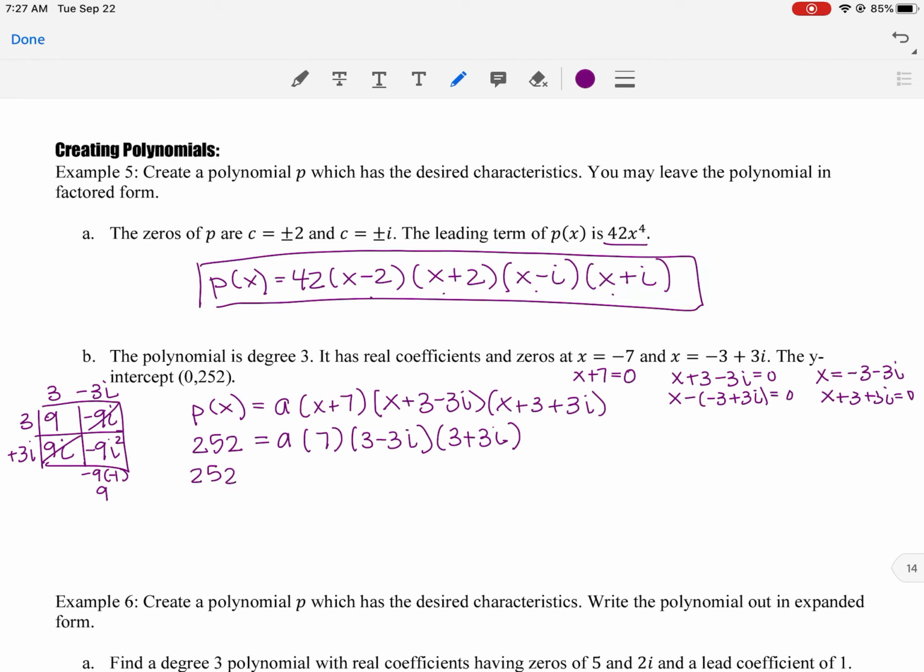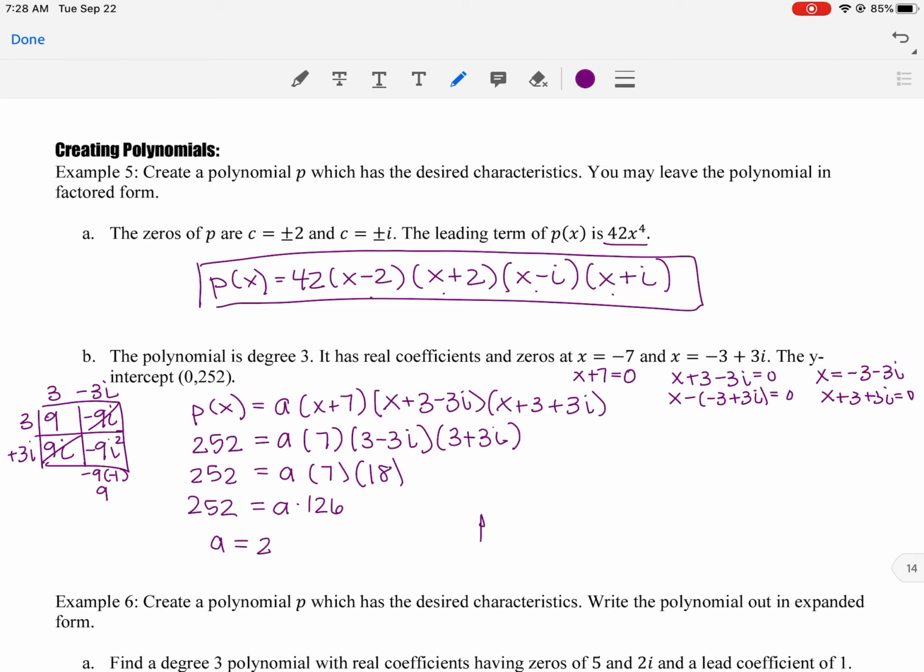So we get 252 equals a times 7, and then 9 plus 9 is 18. So we get 252 equals a, and then 7 times 18 is 126. So as you divide both sides by 126, a equals 2.